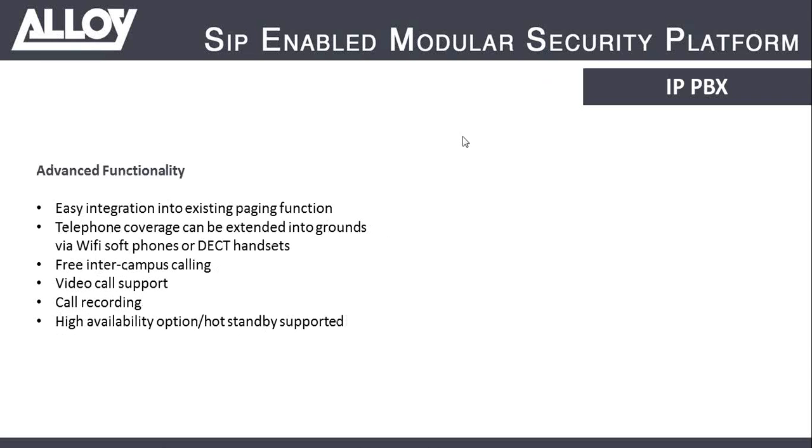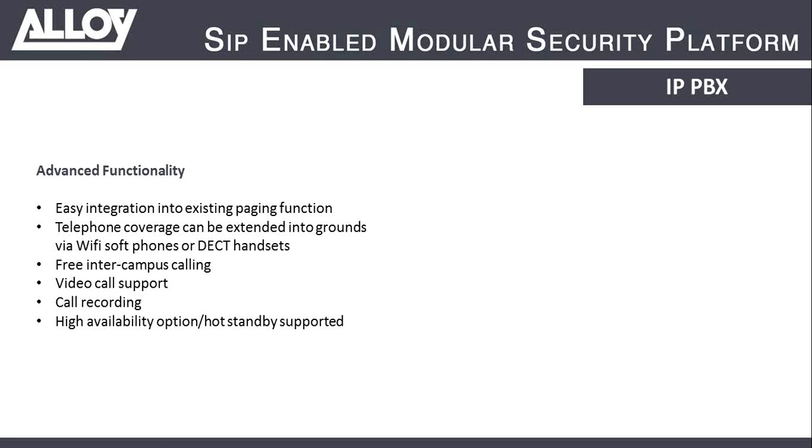Some of the things we're going to talk about, some of the things I just want to touch on really quickly, is the easy integration into existing paging function, particularly when we're going into retail and school environments. It's important that we can integrate to the analog paging infrastructure that is already there, or in some cases, existing SIP, or put in a new greenfield SIP paging infrastructure.